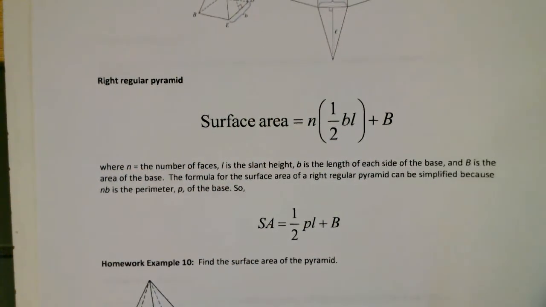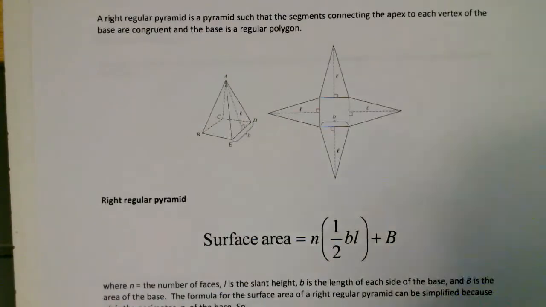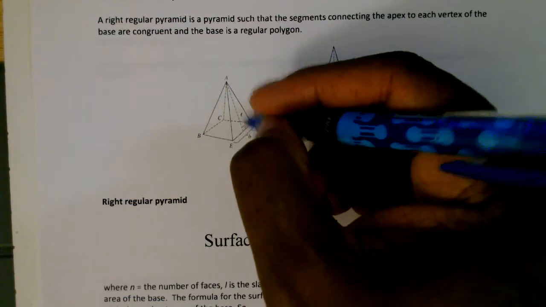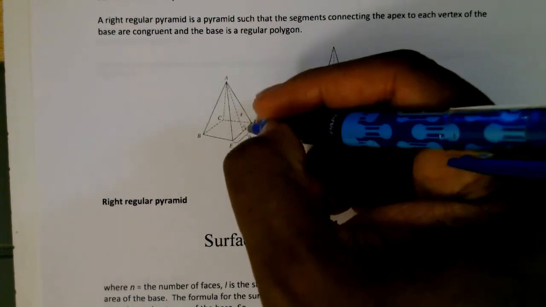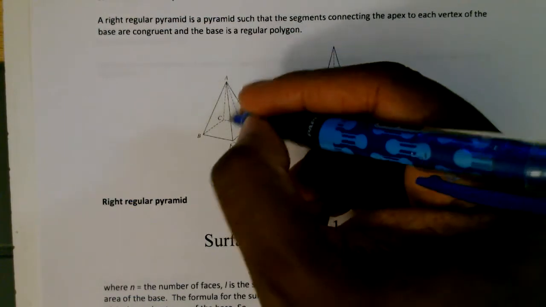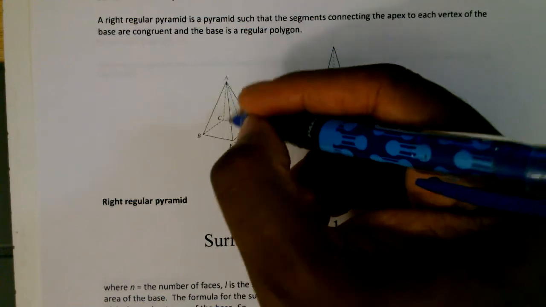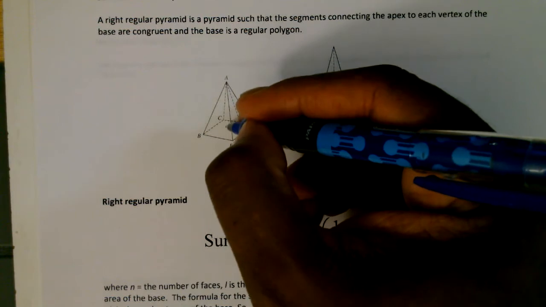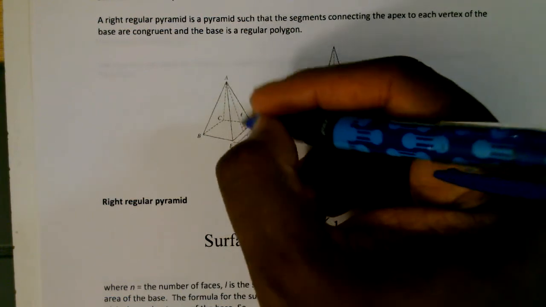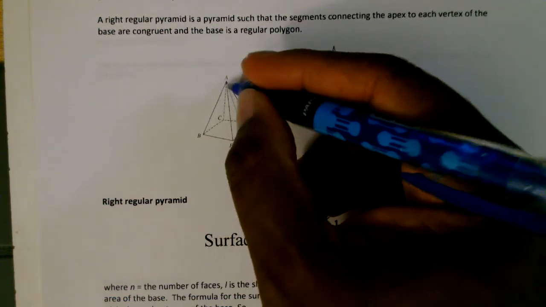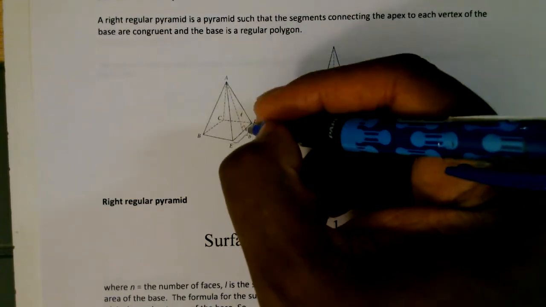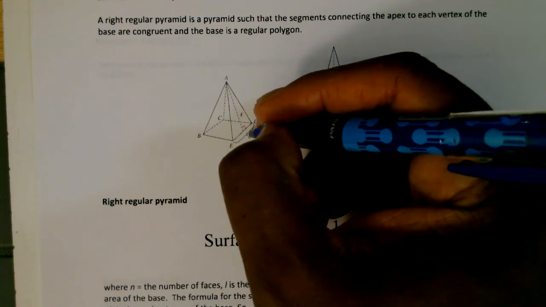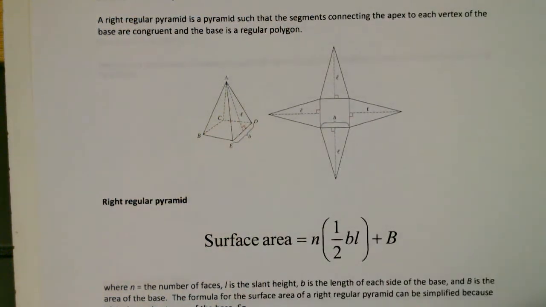If I go back to that figure, it's going to be the height that is on the face of the pyramid. There's a difference between a slant height and a vertical height. The vertical height goes straight up and down. It's always perpendicular. Well, it goes from the tip to the center. But a slant height is going to be on the face of that pyramid, perpendicular to one of the sides of that base.